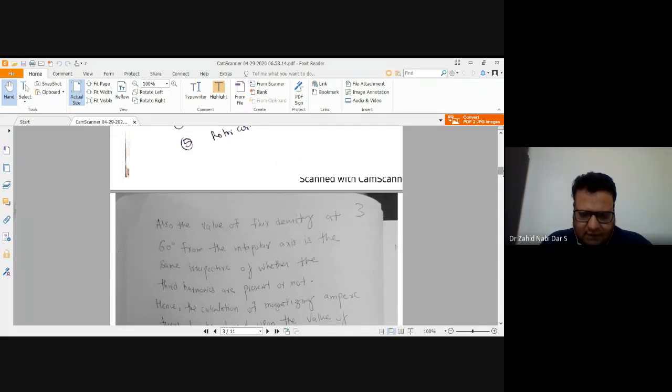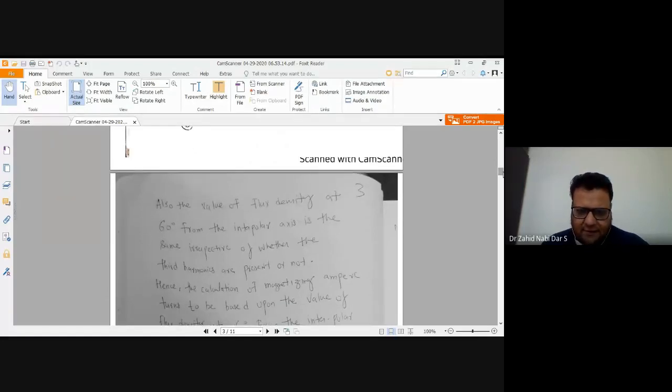The value of flux density, that is phi by area, at 60 degrees from the interpolar axis, is the same irrespective of whether the third harmonics are present or not. So what we usually do, we take the flux density at an angle of 60 degrees, because it will remain the same compared to any other degrees for our average air gap flux density, because your wave is a sinusoidal wave.